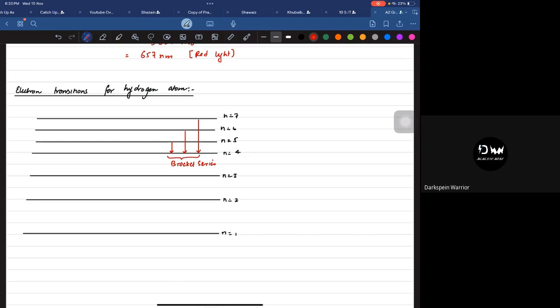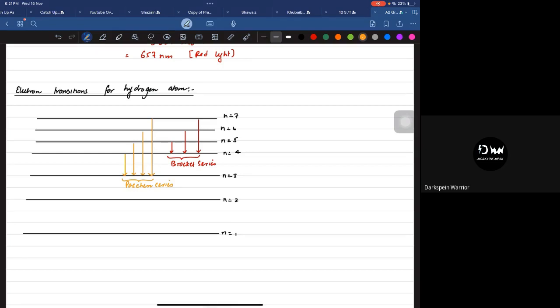And then if the jumps are made from 7 to 3, like these are called the Paschen series.